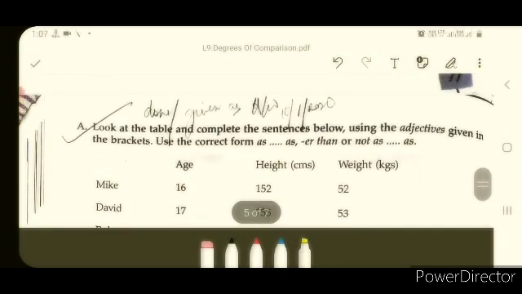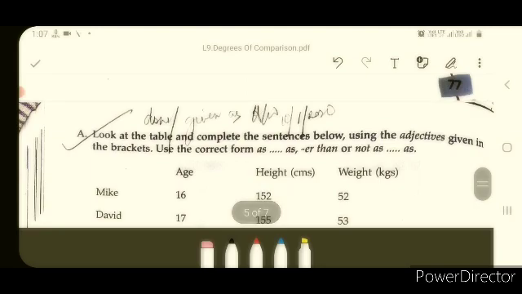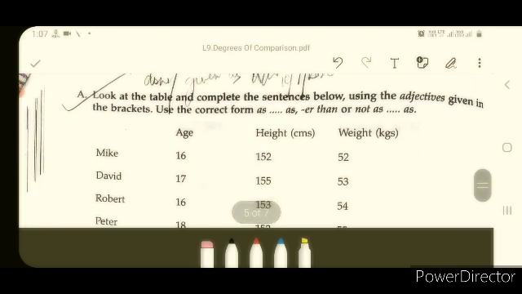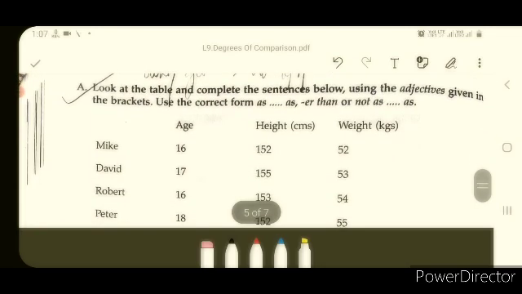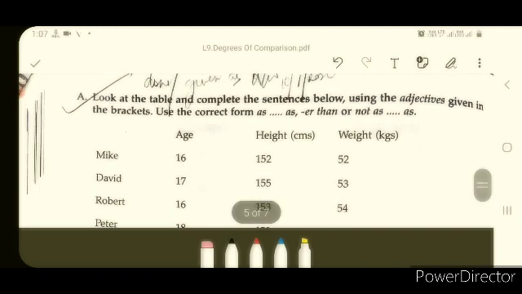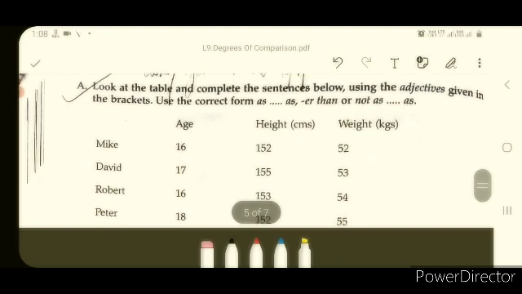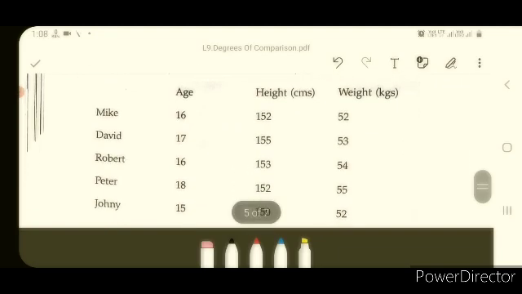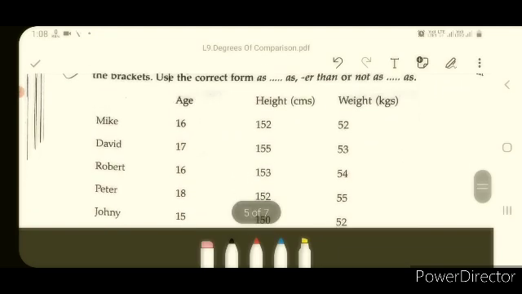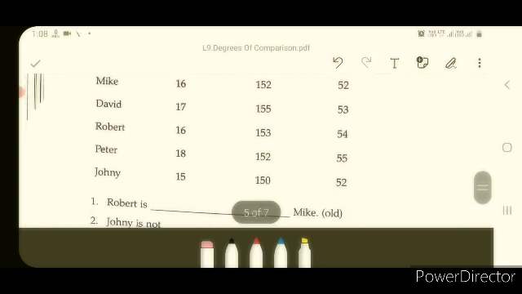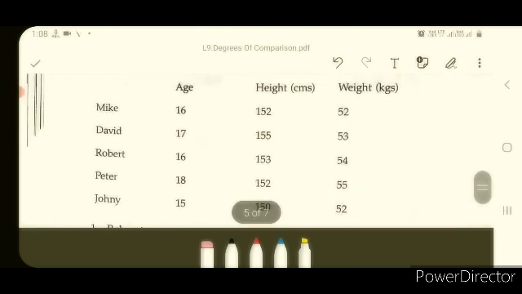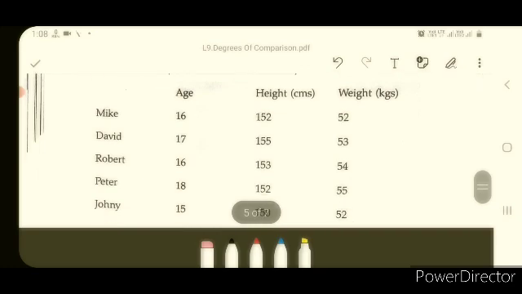Now let's quickly take a look at the table and complete the sentences below using the adjectives as given in the bracket. We are also asked to use the correct form, as er than, or not as, blank, as. So you have to understand the information presented here. Based on this, we are going to do it. It's not coming in one slide here. See, age, height, centimeters, isn't it?